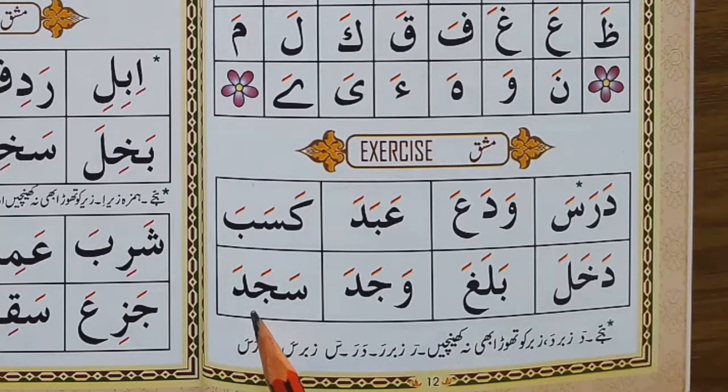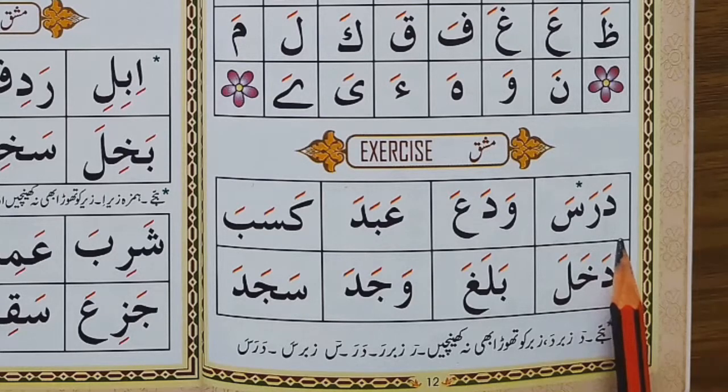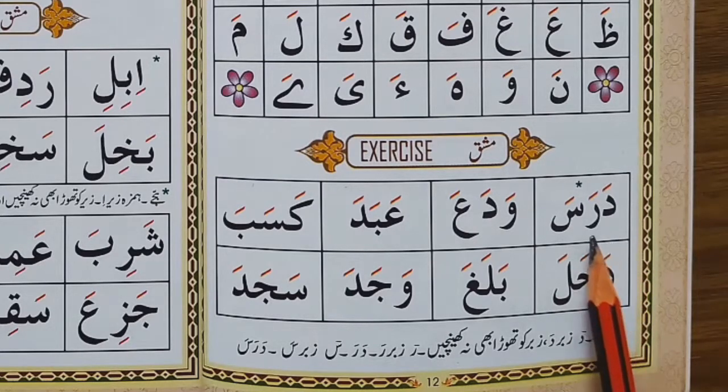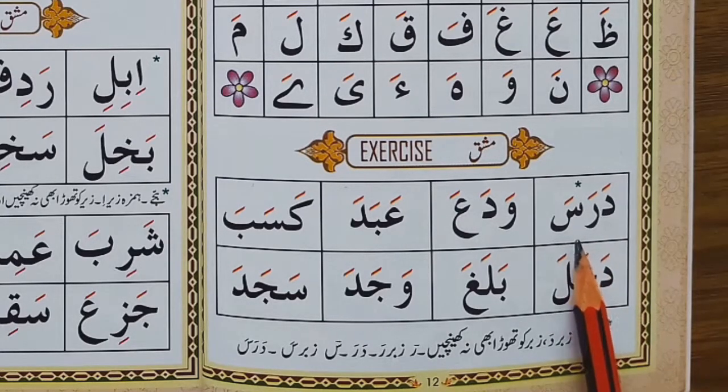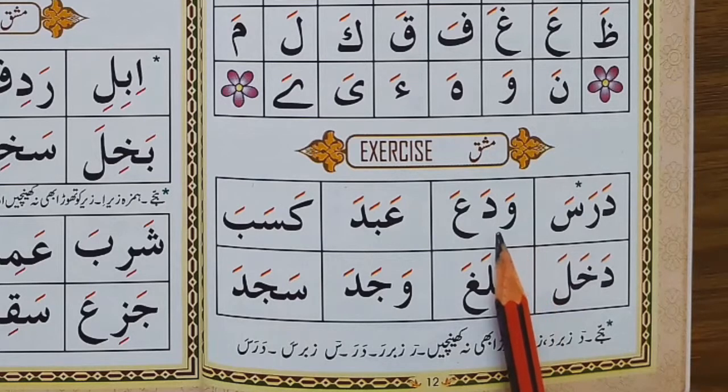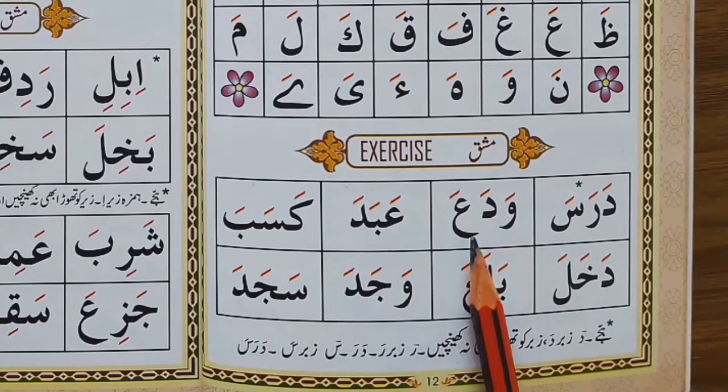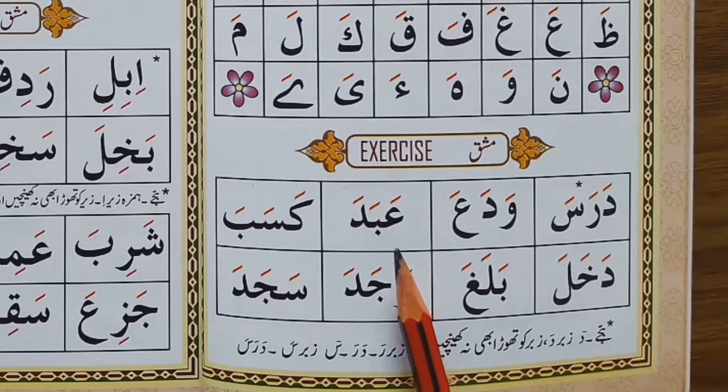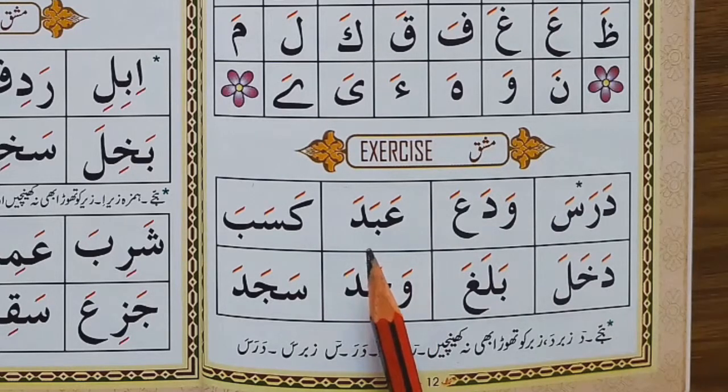Okay, let's go through that again, but this time around, just going to say the word with the sound. Da, Ra, Sa. Wa, Da, A. A, Ba, Da.